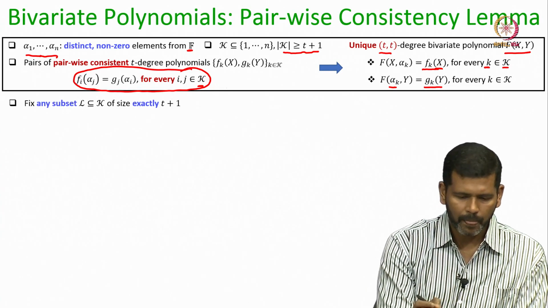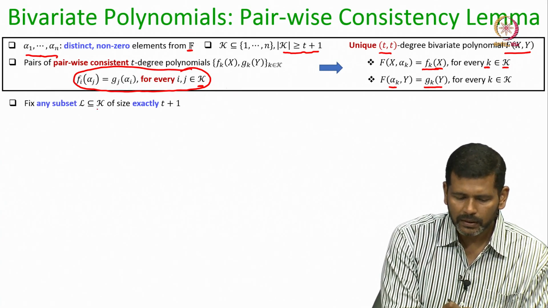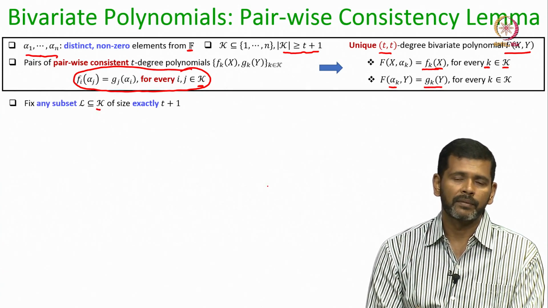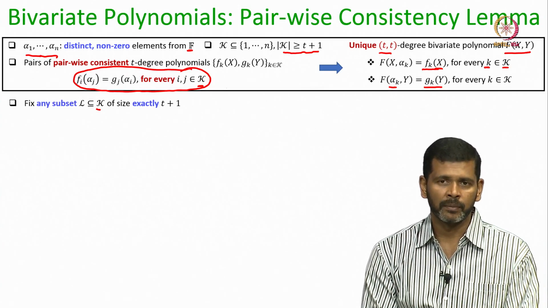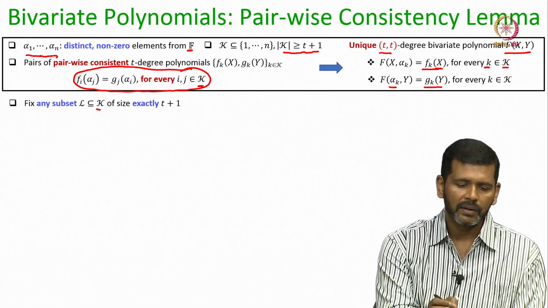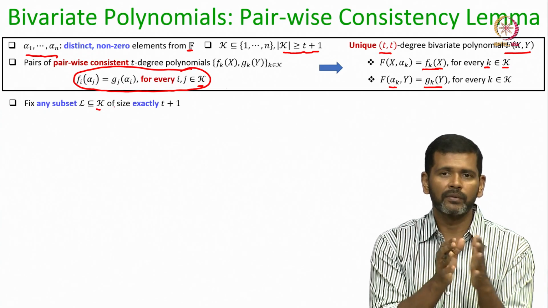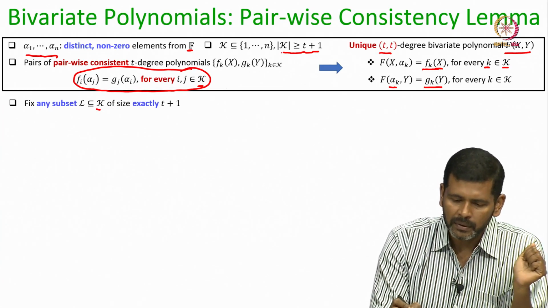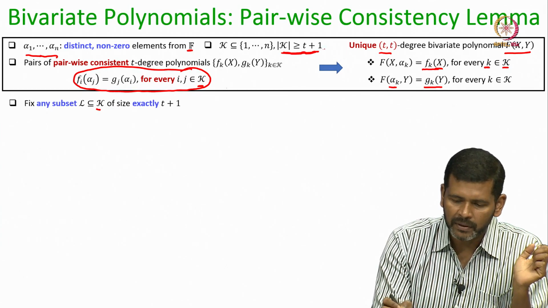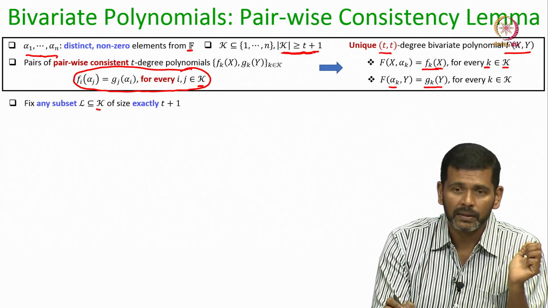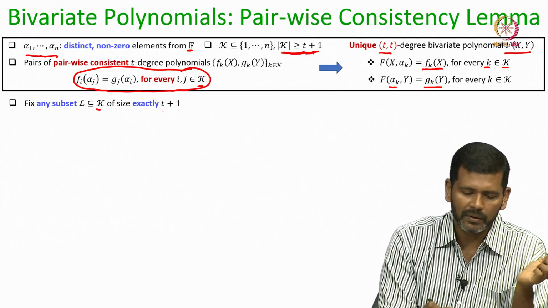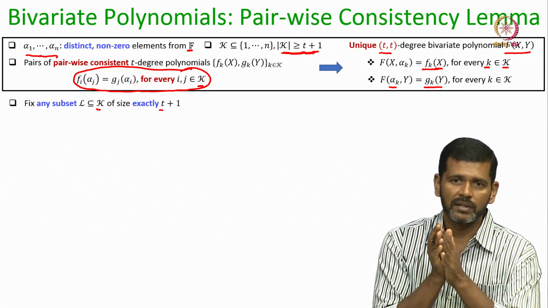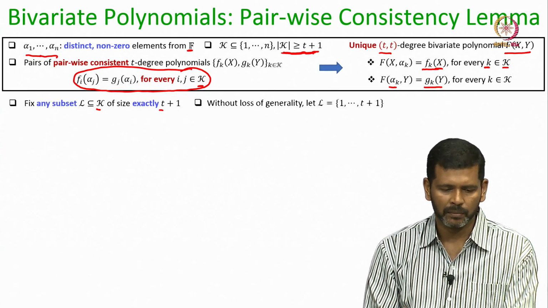So, you are given t plus 1 or more number of pairwise consistent x and y univariate polynomials, right. So, focus first on any t plus 1 of them. Remember the number of pairwise consistent polynomials could be more than t plus 1. If it is more than t plus 1, focus on any t plus 1 pairs of those pairwise consistent x and y univariate polynomials.